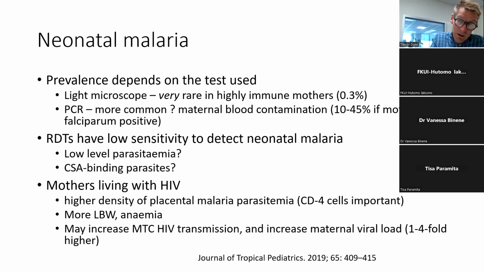And it may even, like CMV, increase the risk of mother-to-child HIV transmission. And there's good evidence from African studies that it increases the maternal viral load if there's coexistent malaria and HIV. A 1 to 4-fold higher maternal viral load, so therefore an increased risk of transmission during pregnancy.